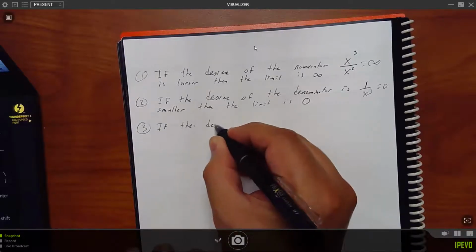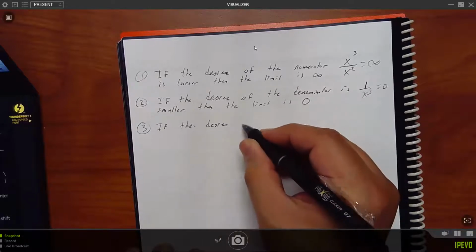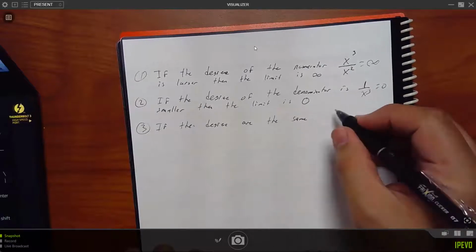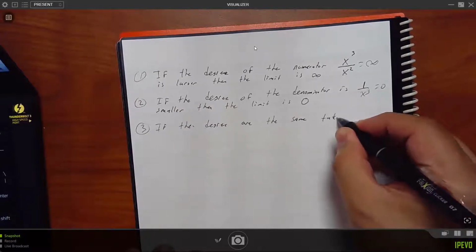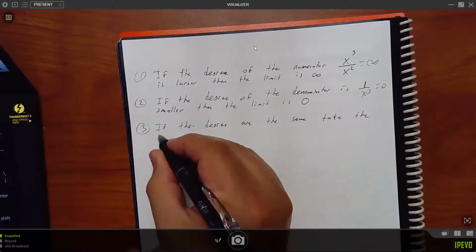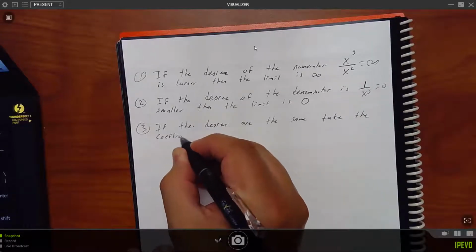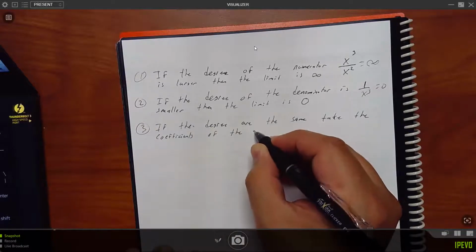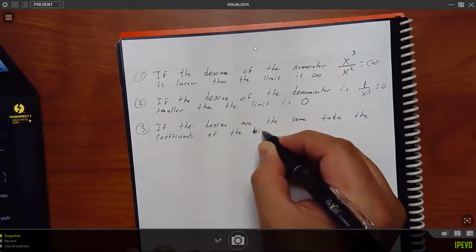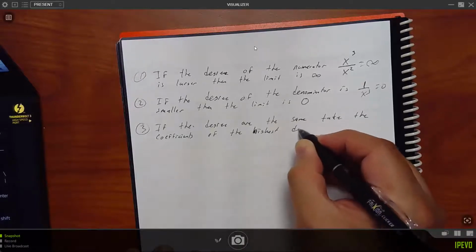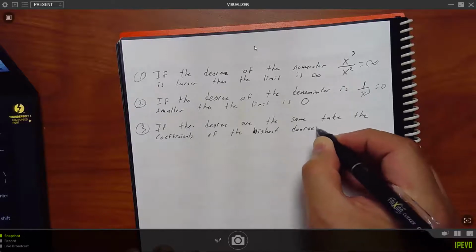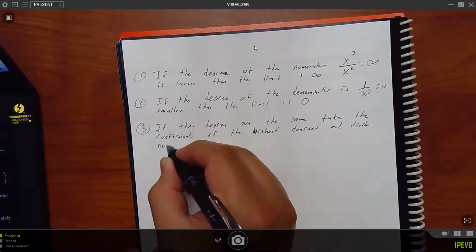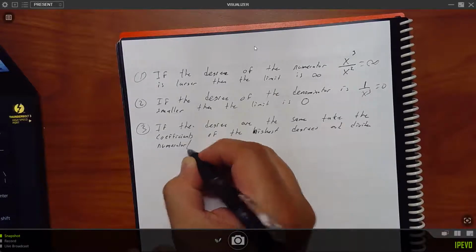When the degrees are the same, that's when things are different. If they're the same, take the coefficients of the highest degrees and divide them, numerator over denominator.